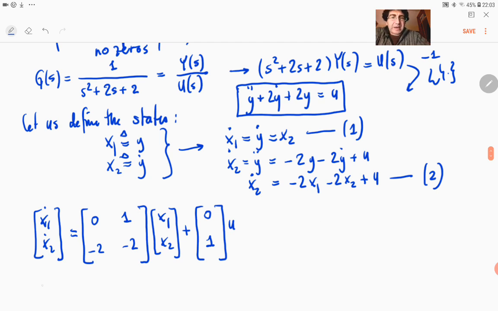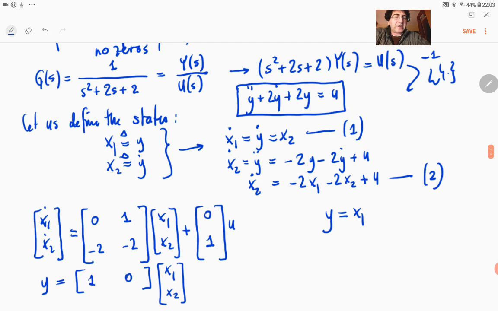And remember, what is my y? Y is my x1. That was my choice for x1. Therefore, the output equation becomes the C matrix times the states x1 and x2, but because y is equal to x1, I will have simply 1 and 0 here.